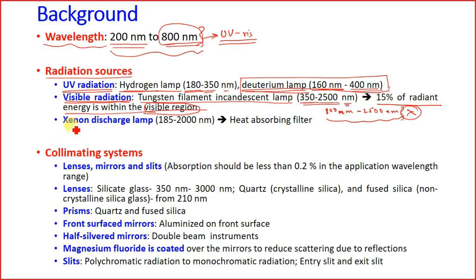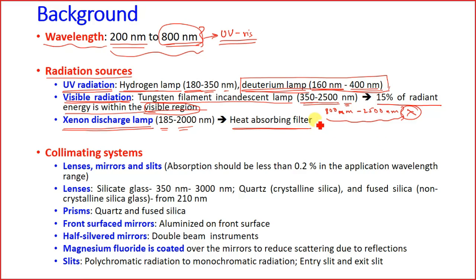Then another lamp is the xenon discharge lamp. It generates radiations in the range of 185 to 2000 nanometer. While using this lamp, we have to use a heat absorbing filter because it generates a lot of heat.